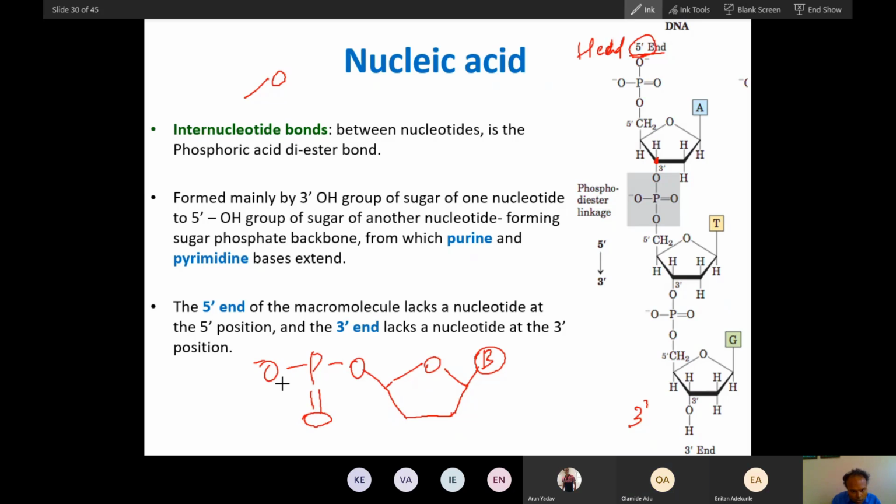This is carbon, this is oxygen, this is the 5' carbon, and this is 1 prime, this is 2 prime, this is 3 prime, this is 4 prime, this is 5 prime. Now this phosphate is called the 5' phosphate. This is called 3'. So the OH group here, I am not able to draw. Okay, so this is called the 3' OH group. Can you see the structure of this nucleotide?